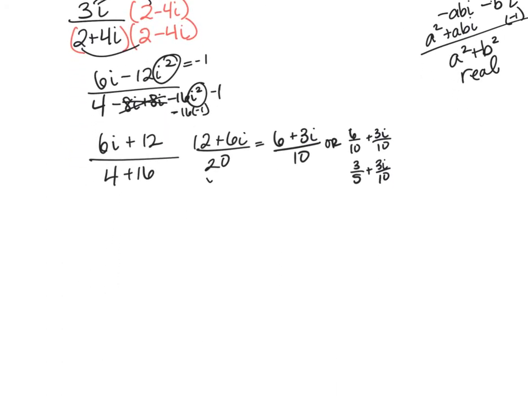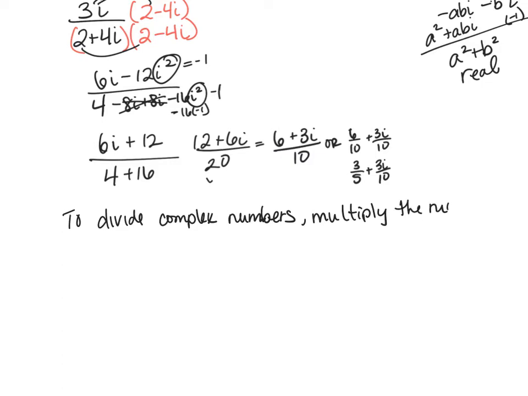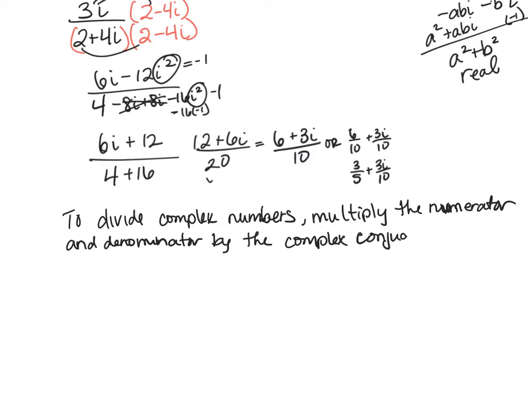So let's do another one. So let's write this down. To divide complex numbers, we multiply the numerator and the denominator by the complex conjugate of the denominator.